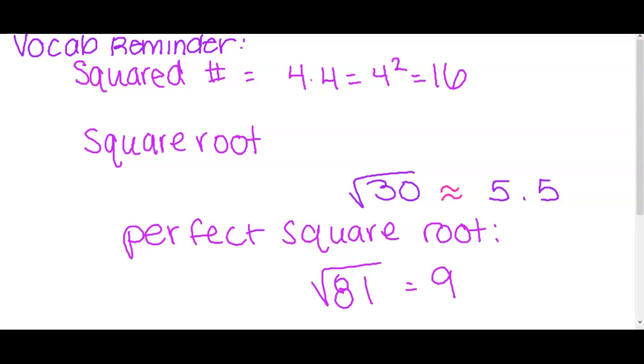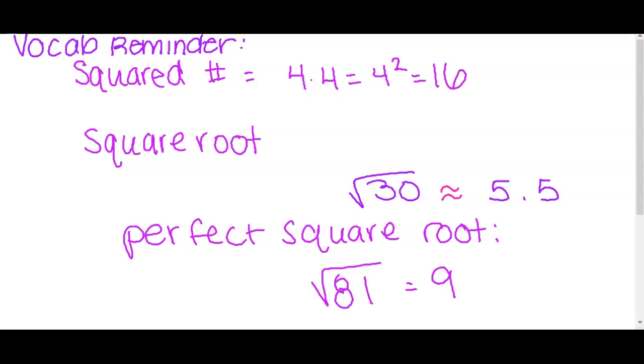A squared term and a square root seem to be vocab we confuse. Something squared gets larger. It's that number times itself. So 4 squared is 16. The square root of 16 is 4.